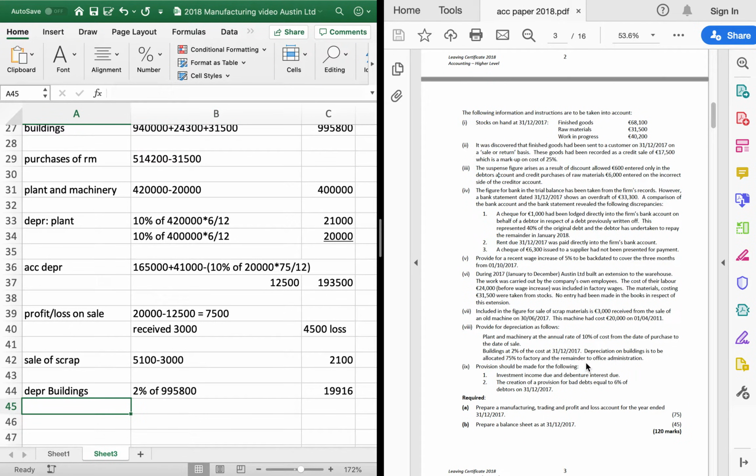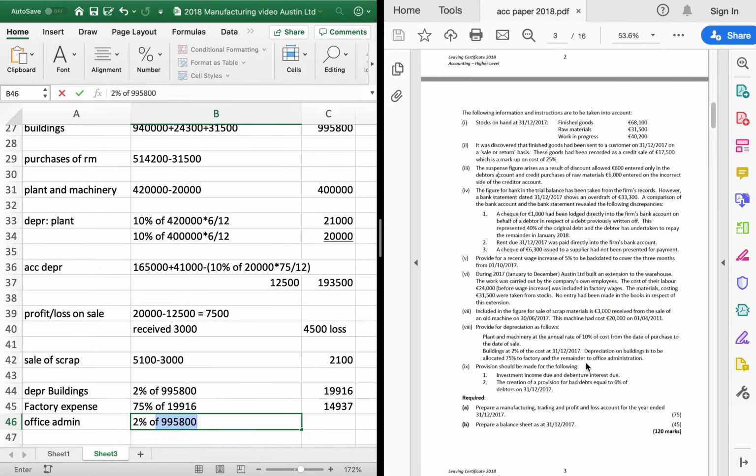So the factory expense of that is 75% of 19,916, which is 14,937, and the remainder is going to, what did it say? Office admin. It'll be 25% of 19,916.